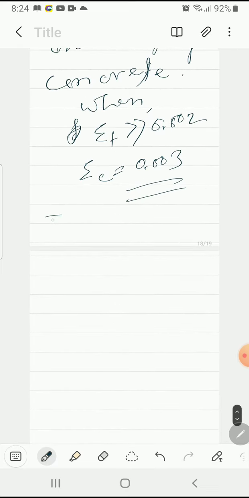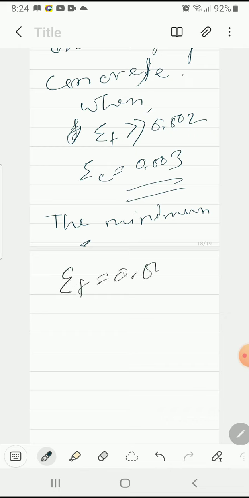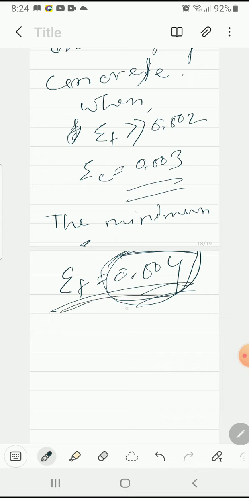the minimum epsilon t is 0.004. এই 0.004 এর নিচে আসতে পারবে না আমাদের, বুঝতে পারছেন? এই 0.004 এর নিচে কোনো মতেই আসতে পারবে না। এসিআই কোডের লিমিট এবং বিএনপিসি এটা লিমিট করে, ঠিক আছে? এটাকে বলা হয় ম্যাক্সিমাম পারমিসিবল লিমিট অফ single reinforced beam.